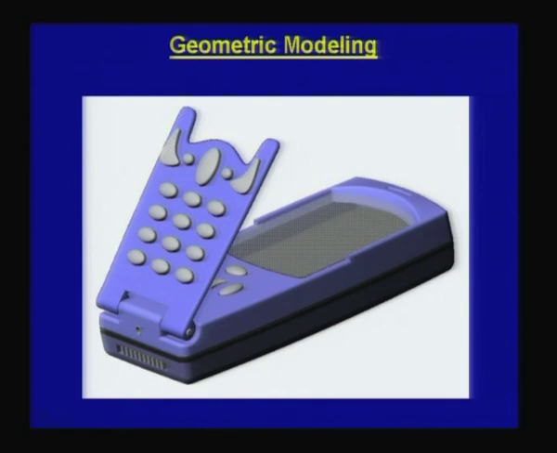Now, here is an example of a geometric modeling. Using geometric modeling tools which deal with curves, surfaces and solids, one can create, let us say, a form or represent a design, and this geometric model representation can be used since it is computer compatible. It can also be used to visualize the component at various stages.